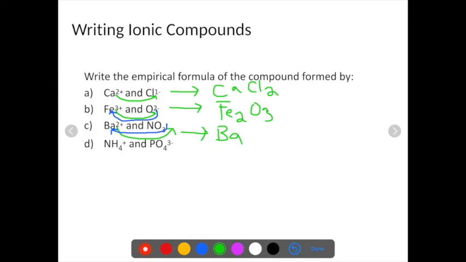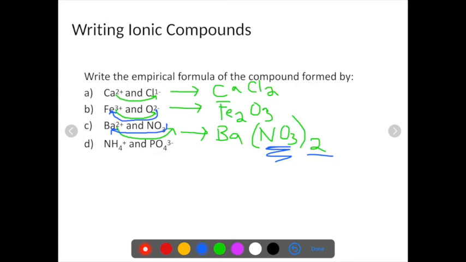So instead we put parentheses, write the polyatomic ion NO3, close the parentheses, and put the 2 on the outside. You never want to change the subscripts of the polyatomic ion because then you're changing what it is. You have to have those parentheses. If you don't, it's wrong.